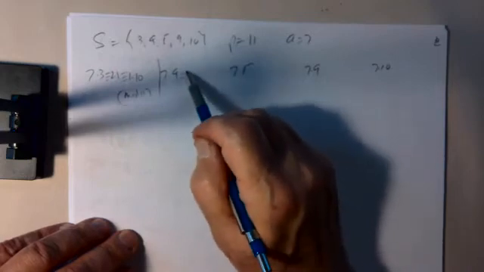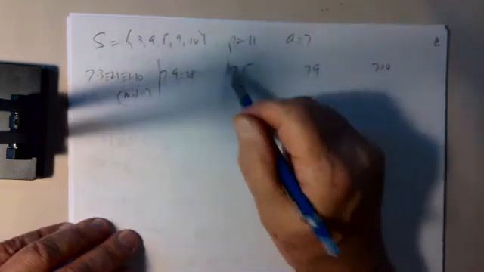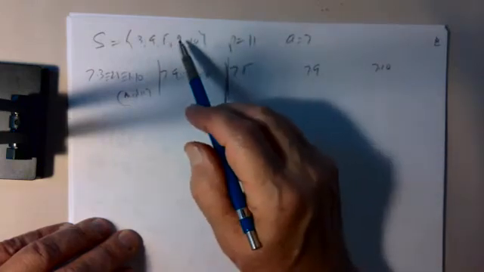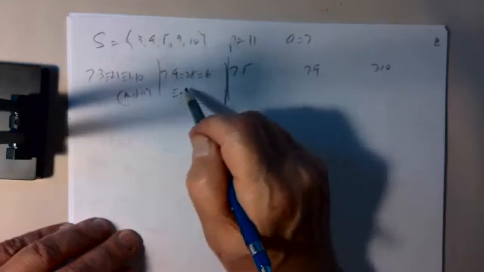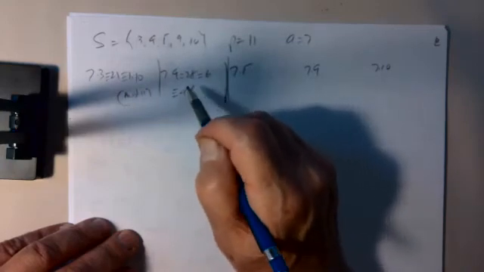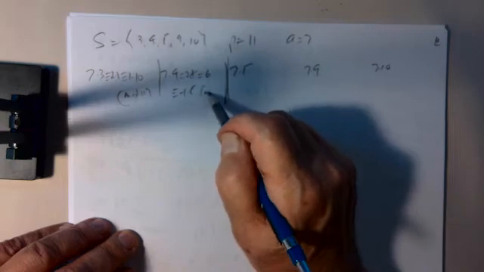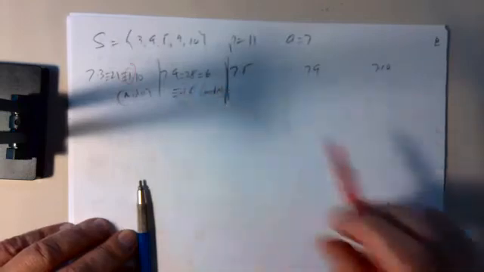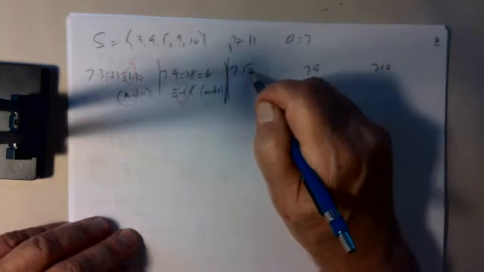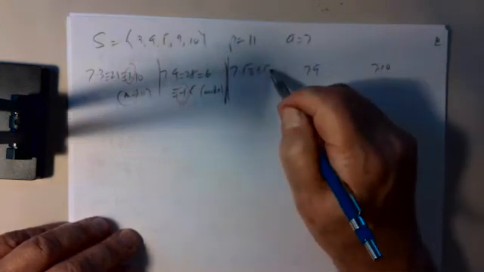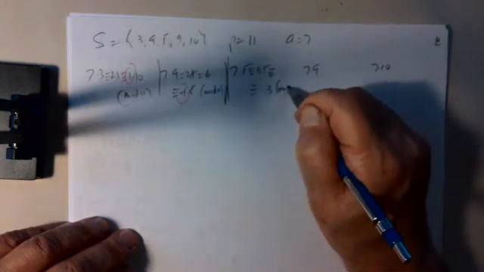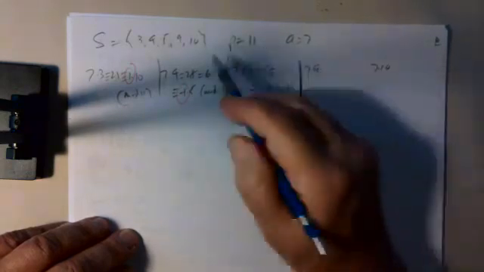7 times 4 is 28. Mod 11, 28 is the same as 6. 6 isn't in the set, but 6 is congruent to minus 5. That's minus 1 times 5 mod 11. So here we got a plus 1, here we got a minus 1. 7 times 5 is 35, which is congruent to 3 mod 11. 3 is in the set.